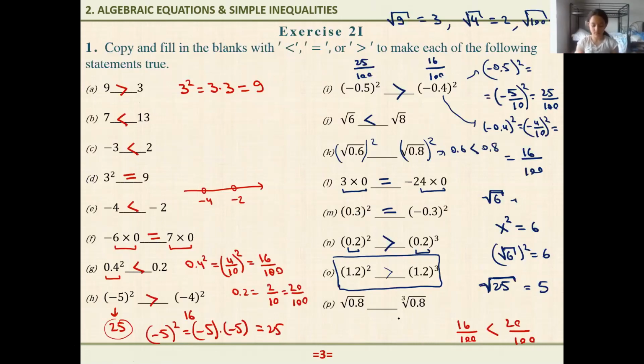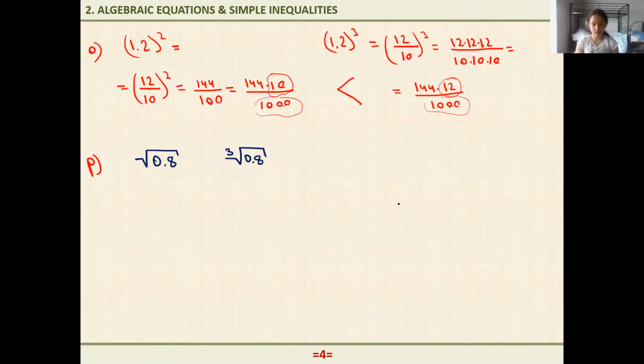Right. The last thing. So what should we put here? Greater than or less than or equal to? I think... hold on. Yeah, I think 0.8 is less than. So what should I put here?